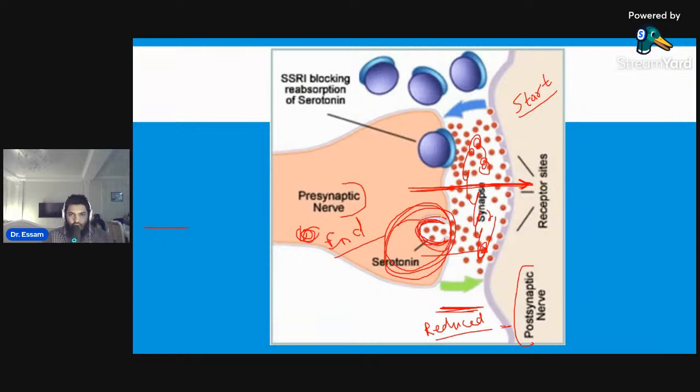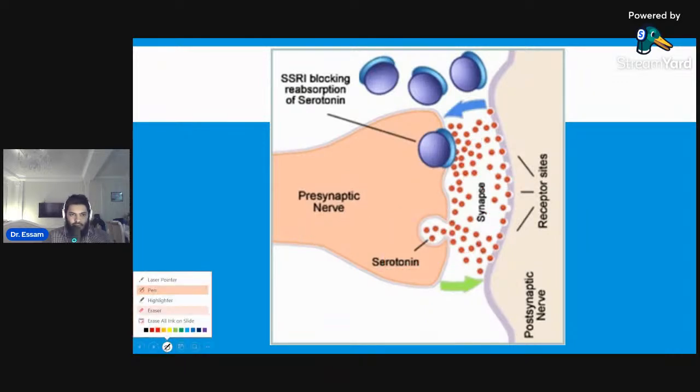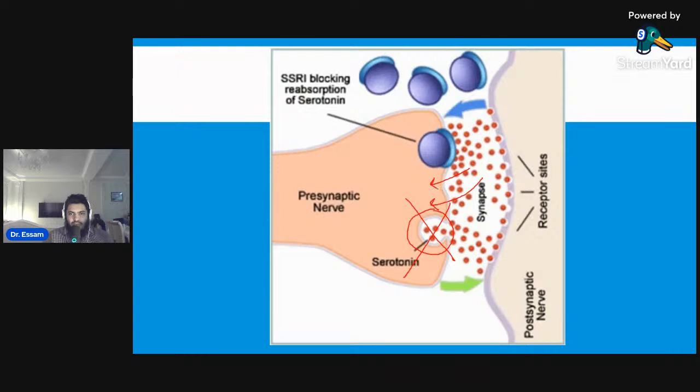We want to block this place. Let me clear it, I have actually drawn way too much. We want to block this place so that the serotonin will not go backwards. The serotonin should not go back.